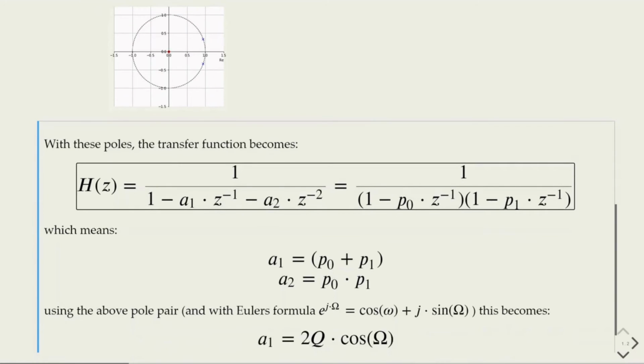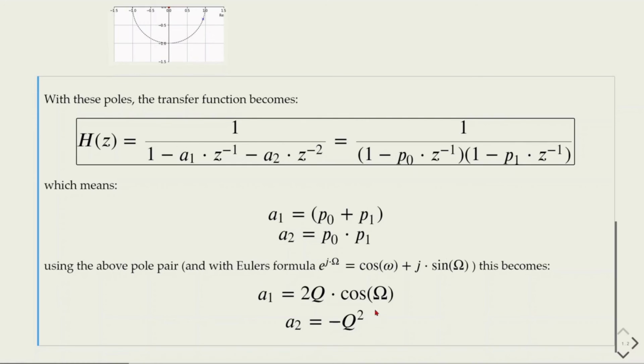If we use the above pole pair, and remember Euler's formula, that e to the power of j omega is equal to the cosine of omega plus j times the sine of omega, this becomes A1 is 2Q times the cosine of omega, and A2 is minus Q squared.